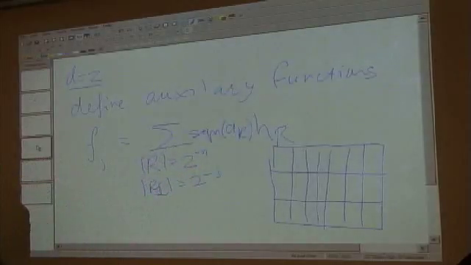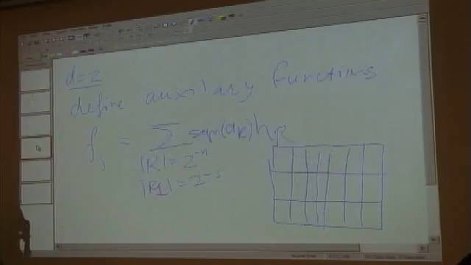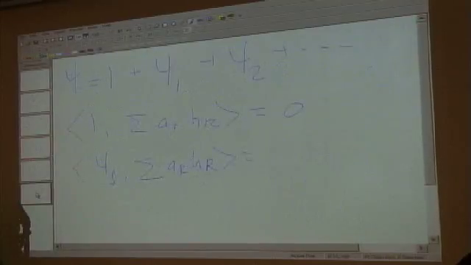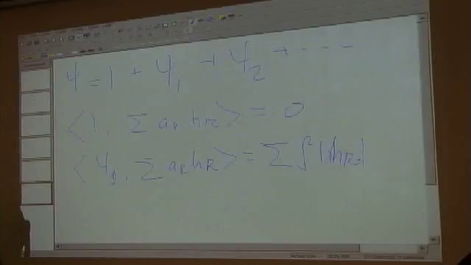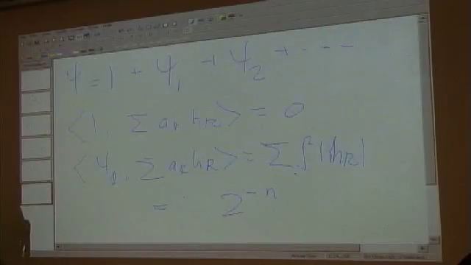You perform this inner product, and so you get that this is the sum of integral absolute h sub r, which is basically just the area of the rectangle.